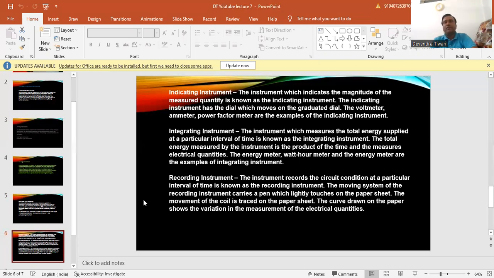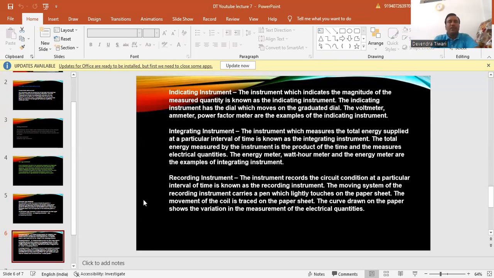That means they are measuring two quantities at a time, such as watt and hour in the watt hour meter, and in the energy meter its unit is kilowatt hour. Likewise, we can also have an ampere hour meter for battery measurement. So these are the examples of integrating instrument. That means two quantities at the same time.